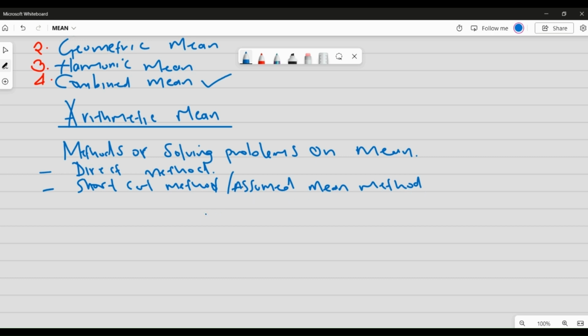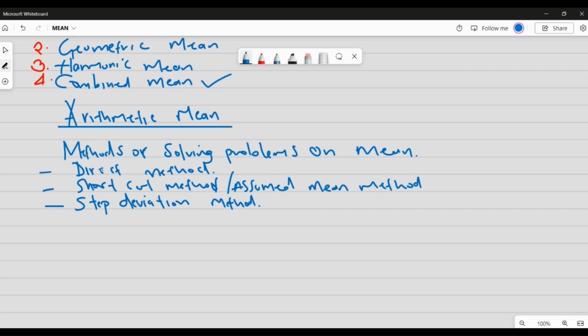In the last one, we have what we call the step deviation method.